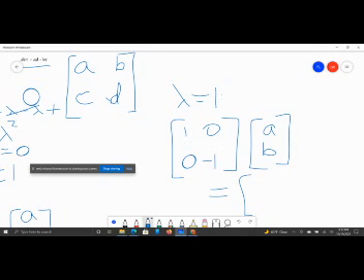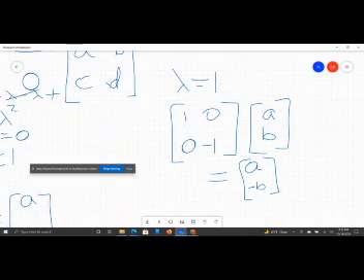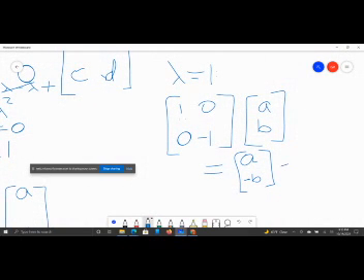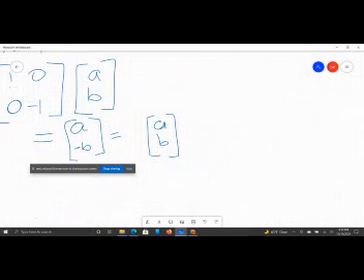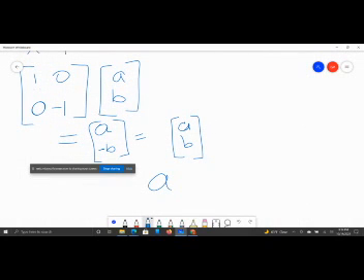So when we apply this, we produce another vector, which is A times 1 plus B times 0 for the first component, which is going to be A. And then A times 0 minus B, which is going to be negative B. Okay, so now that we have this, we are going to equate this to lambda times (A, B), which is really just going to be 1 times (A, B).